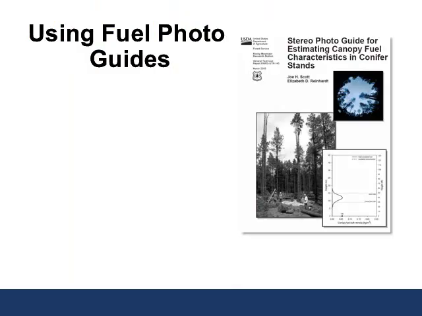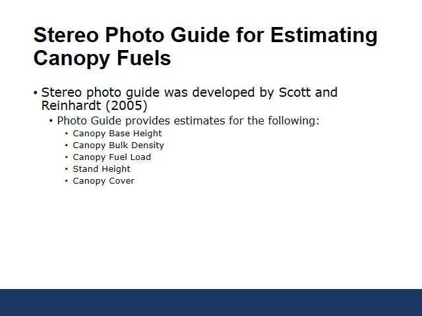We will now go over using fuel photo guides to estimate multiple canopy fuel loading characteristics. A stereo photo guide for estimating canopy fuel characteristics in conifer stands was developed by Scott and Reinhardt 2005.